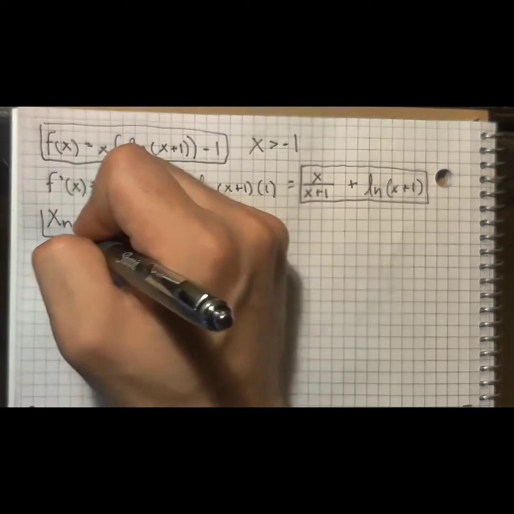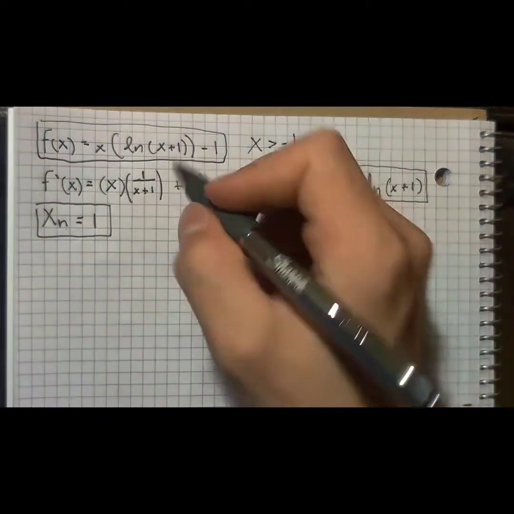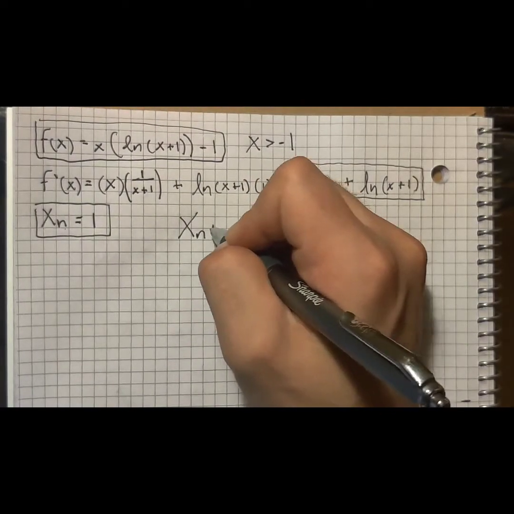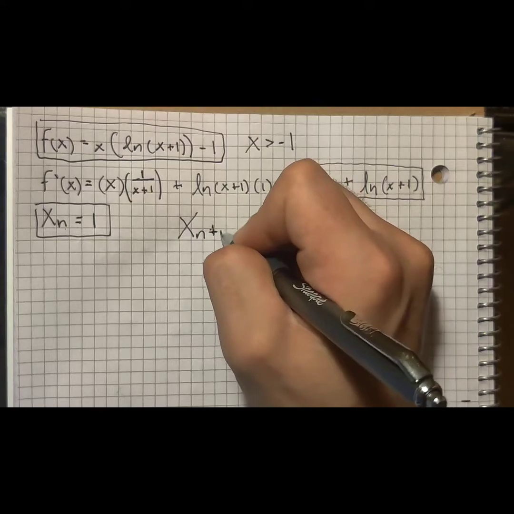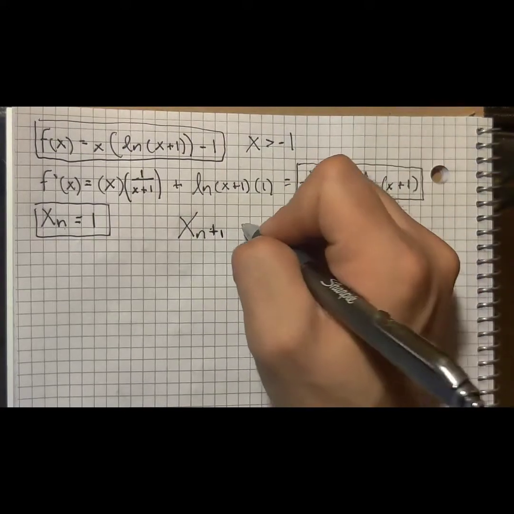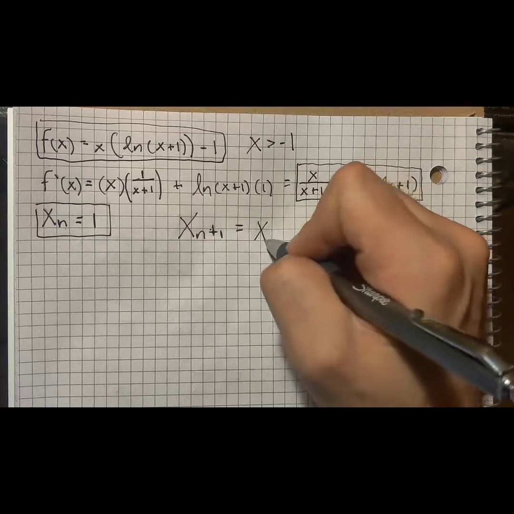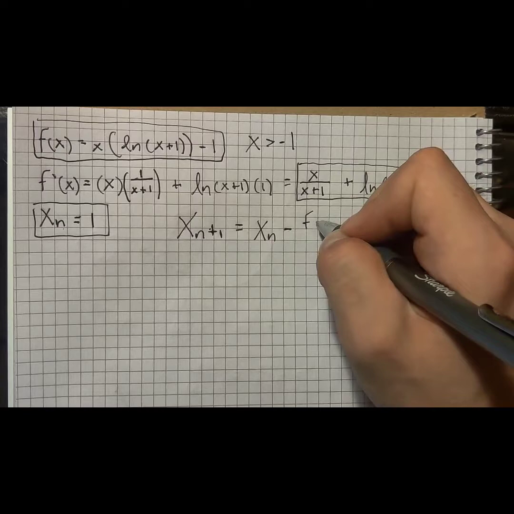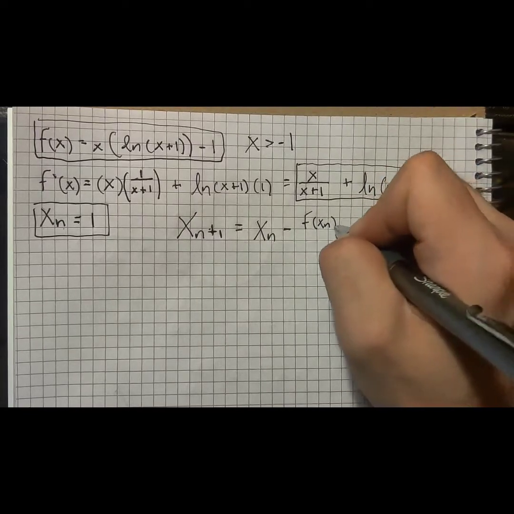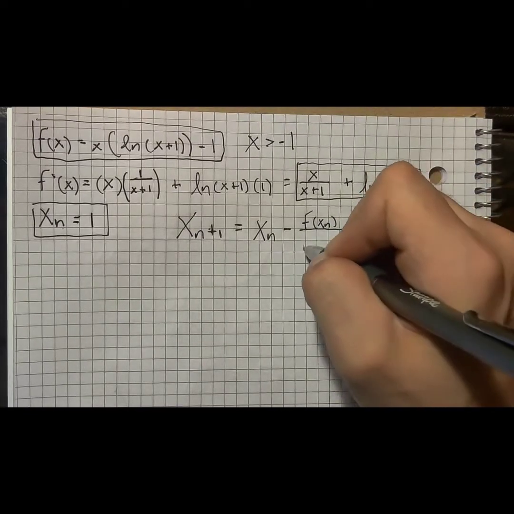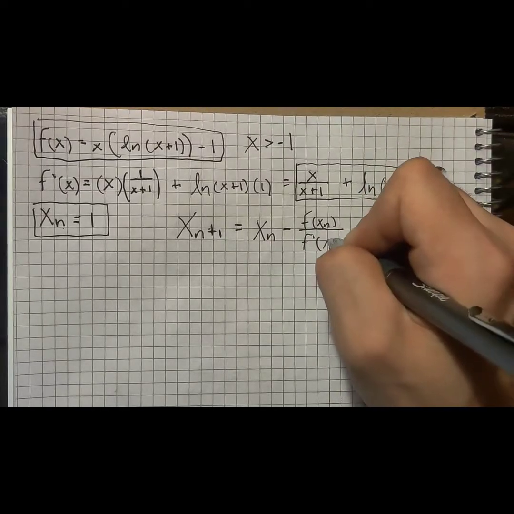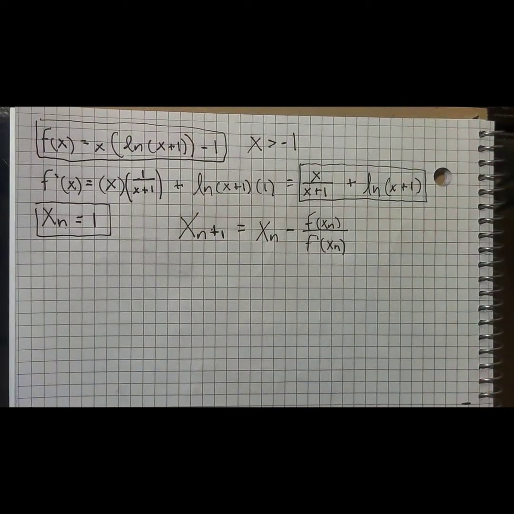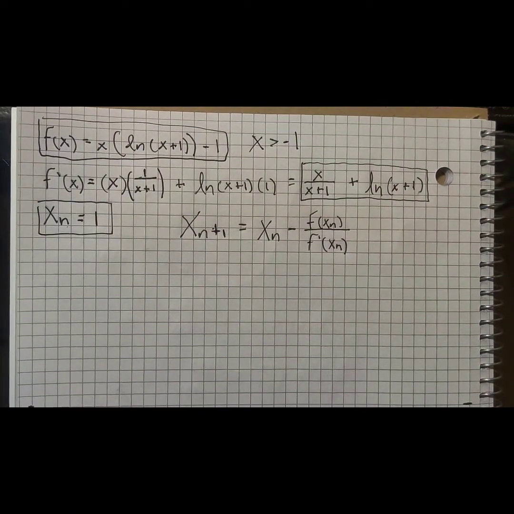So here are our 3 pieces of information. Let's go ahead and write out Newton's method, just so we have something to reference. X sub n plus 1 is equal to our guess minus our change in x, which is written as our function evaluated at our guess over the derivative of our function evaluated at our guess. At this point, I like to usually set up a little chart.